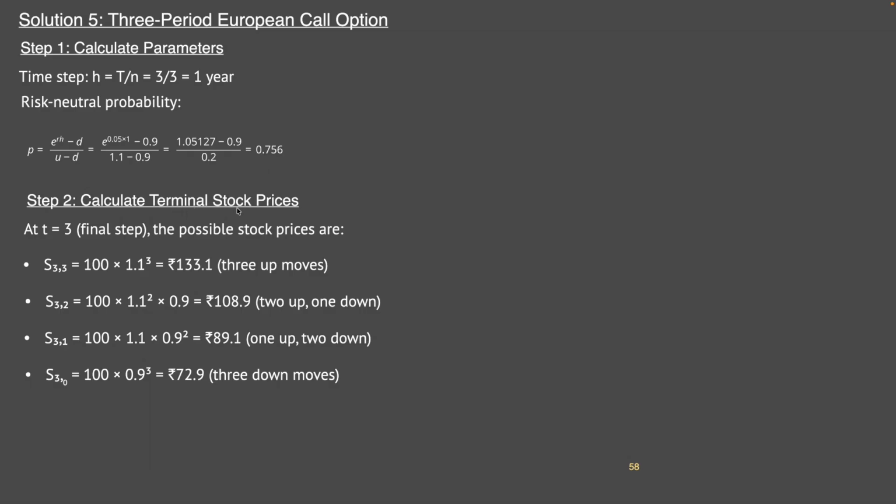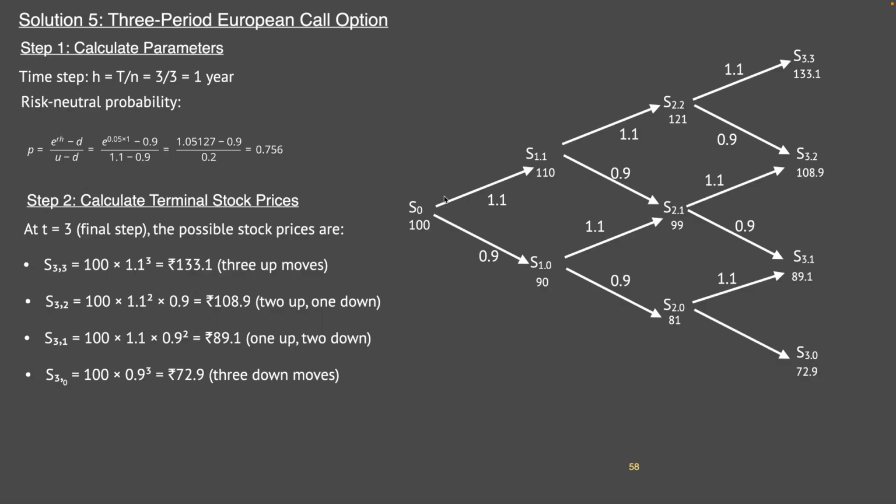Now let us calculate the four terminal stock prices. We will start with S0. S0 is 100. If it moves up by 10%, it becomes 110, that is 100 into 1.1. From this node, S11, if it again moves up by another 10%, that is 110 into 1.1, it becomes 121.